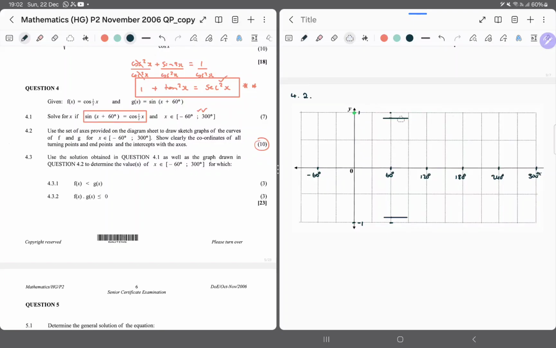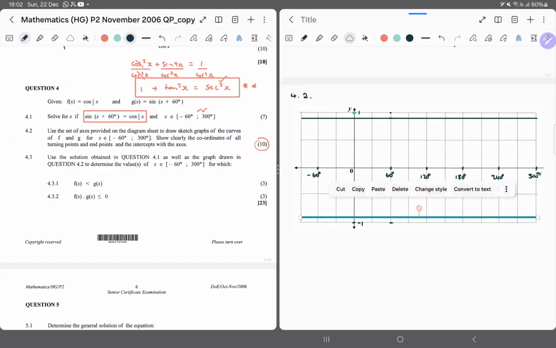Now, what are we going to do? We want to extend this on either side. These are just temporary lines to assist us to draw our sketch without problems, okay? So, of course, the grid may not be nice depending on how it is done.